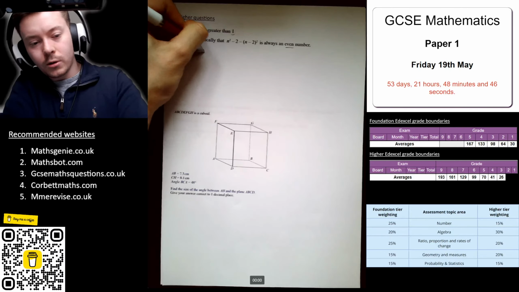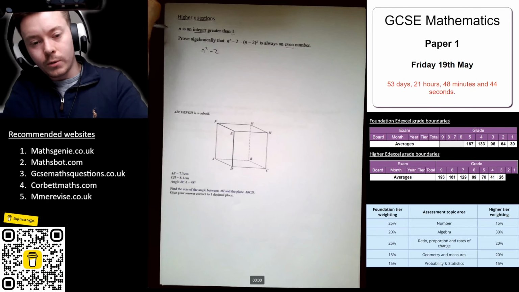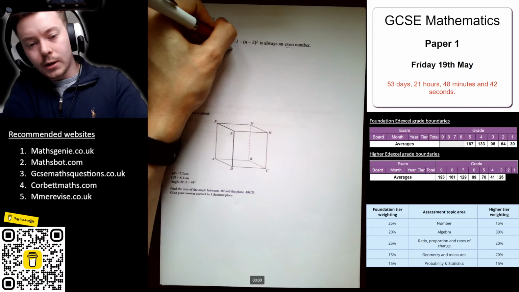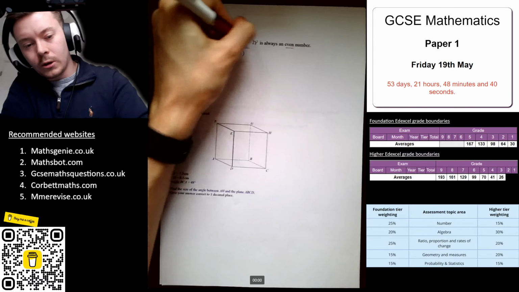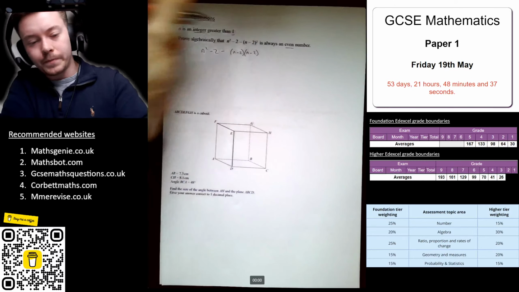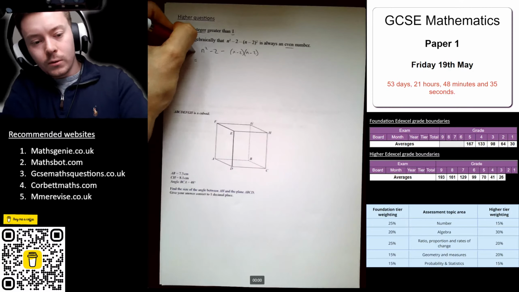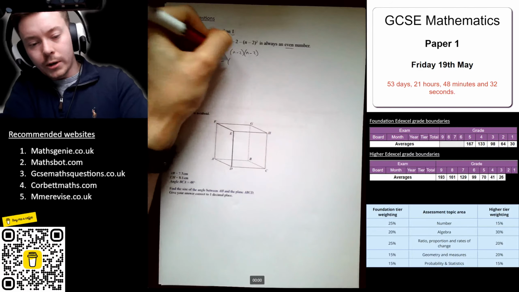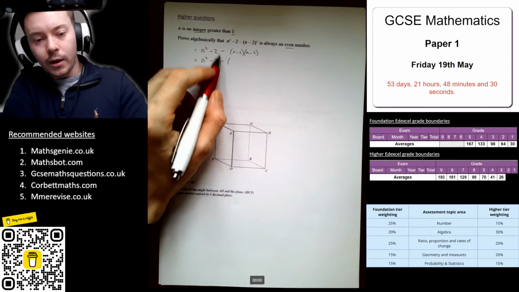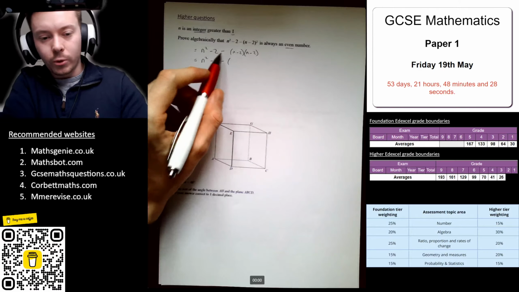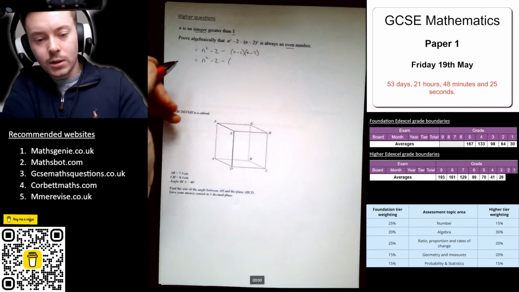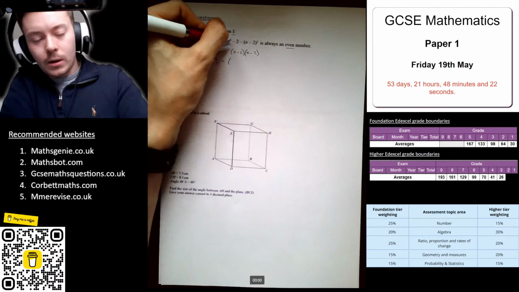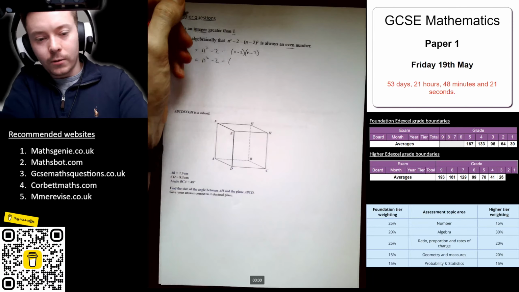So let's start by doing n squared minus 2, leave the first bit alone, minus, and then I've got n minus 2 times n minus 2. I'm subtracting, so make sure to keep that subtract there, obviously don't change it, but also don't put it inside one of the brackets by mistake, because it's going to be important in a second.